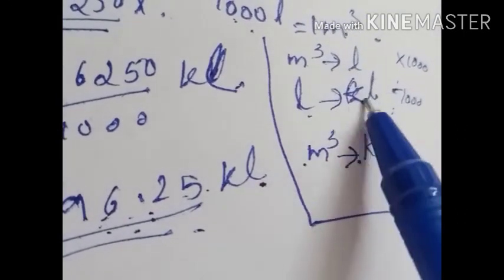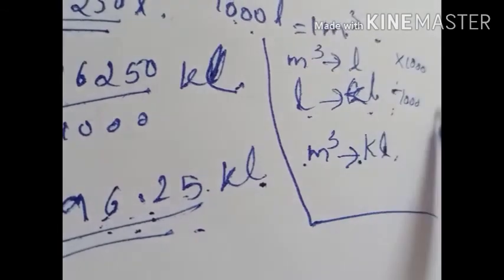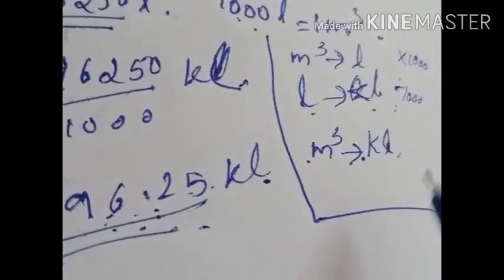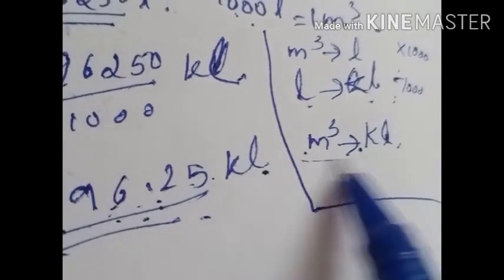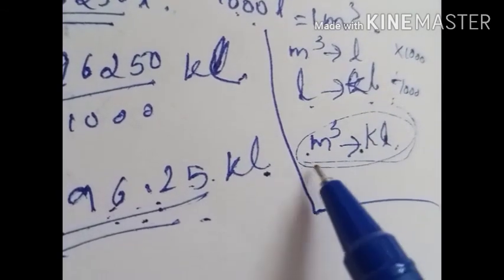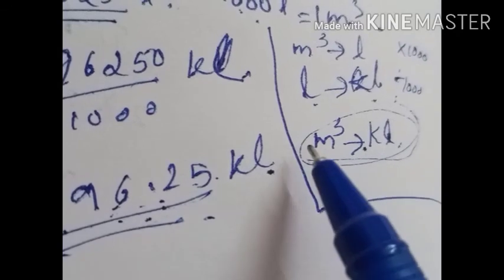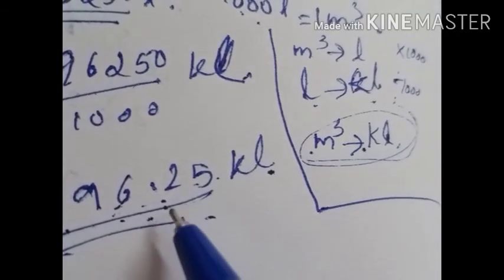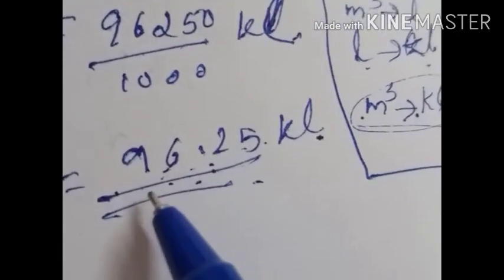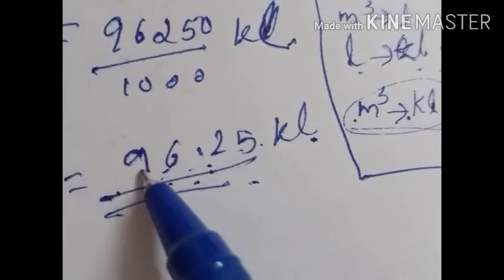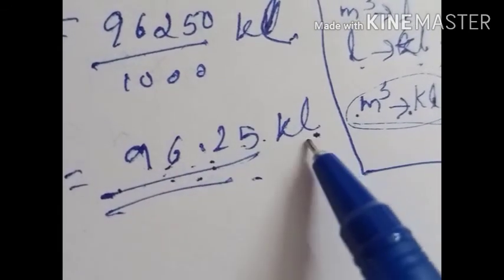So when we do both, we get no operations. That means meter cube to kiloliter, you can directly change the unit without doing any operation. So here the capacity of the vessel is 96.25 kiloliter.